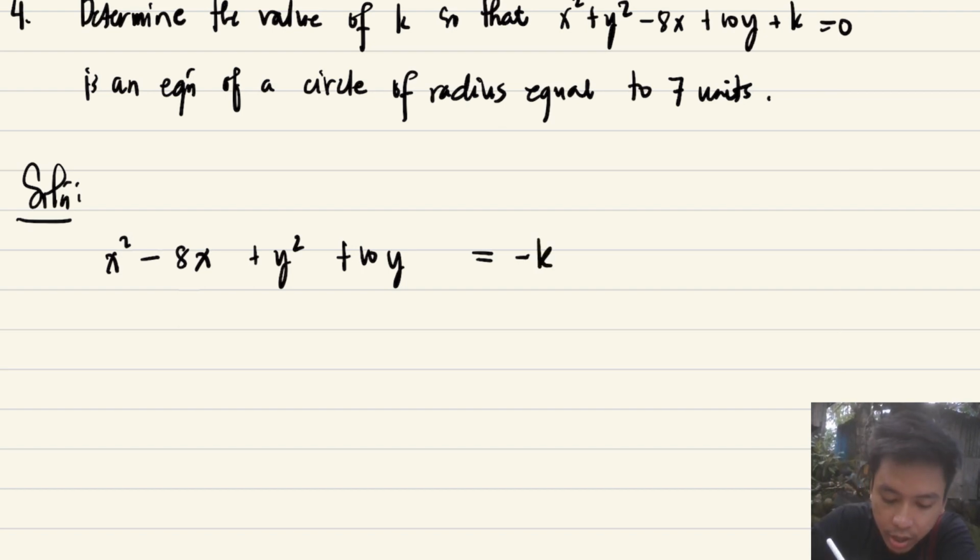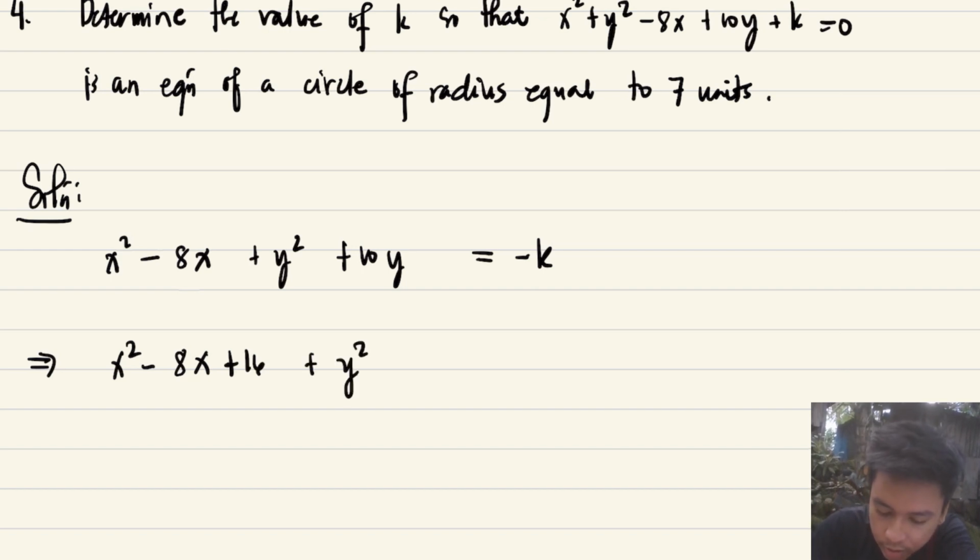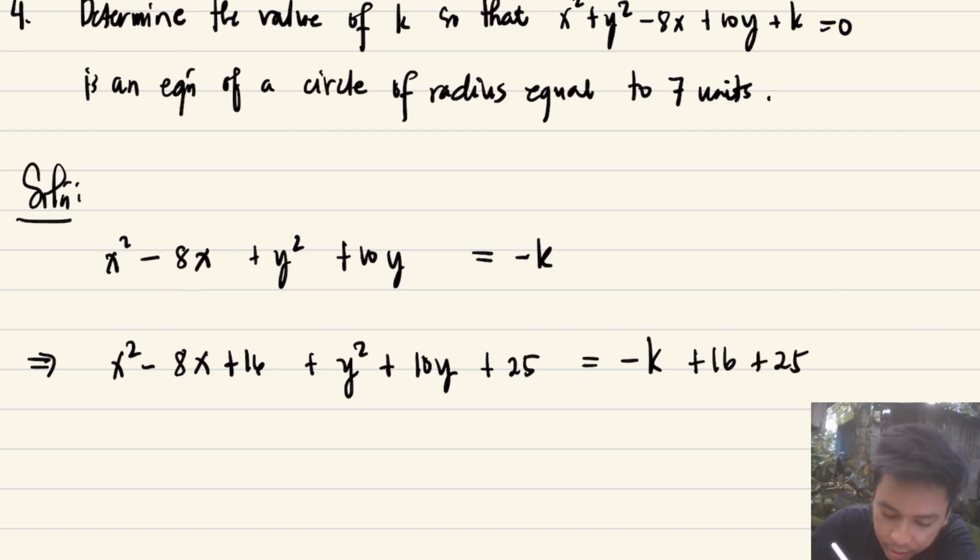To make it a perfect square, I would add 16, and then y squared plus 10y plus 25 equals -k plus 16 plus 25.